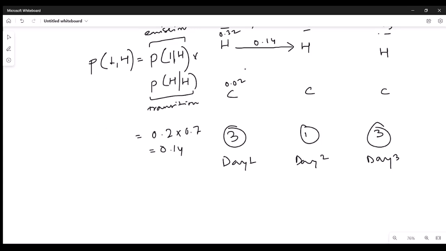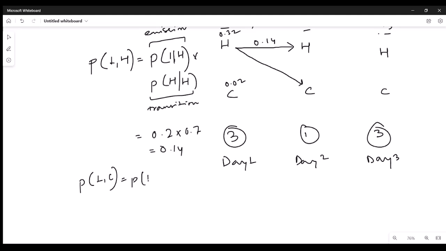Now, similarly, we also find the probability of day 2 being cold provided that yesterday was hot. So we need to identify P of 1 comma C on the condition that the previous day was hot.